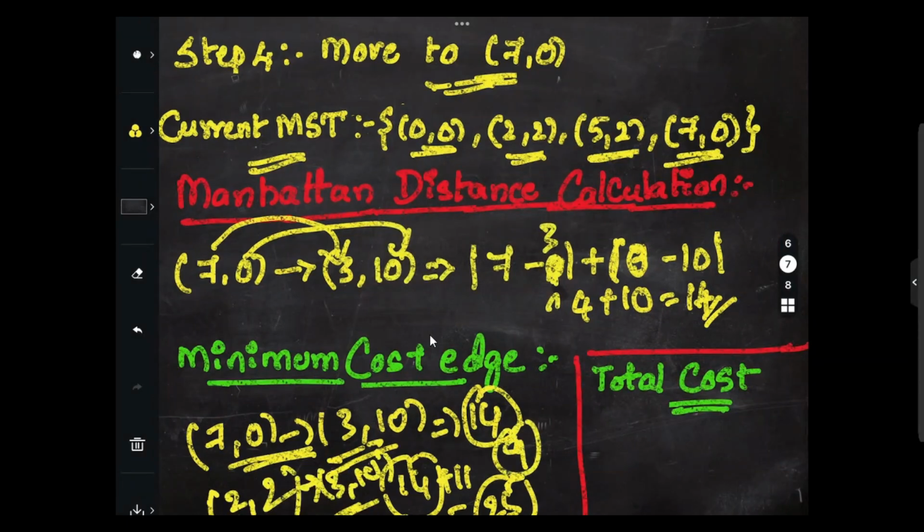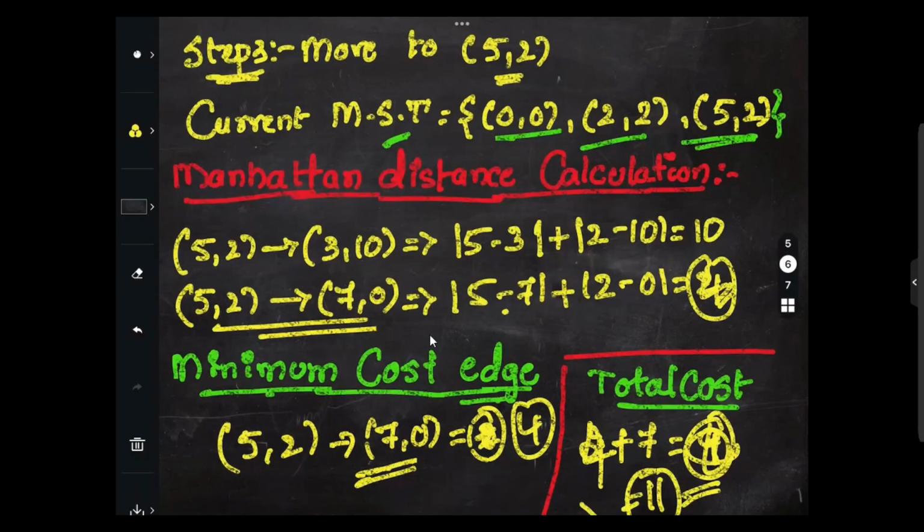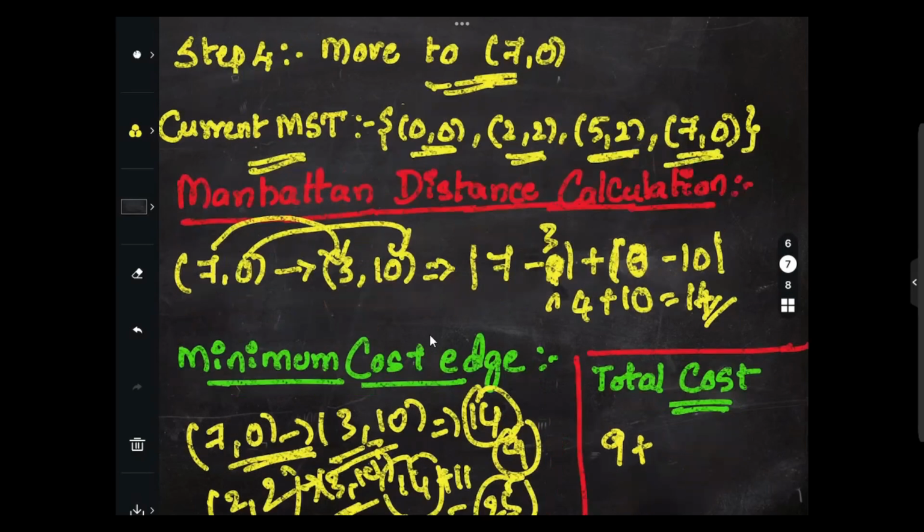So the total cost would be 9 plus the previous one, which was 11. So 9 plus 11 here would be 20. Don't get confused here. If we took 14, then 14 plus 11 would lead to output 25, so we will not be considering the 14.